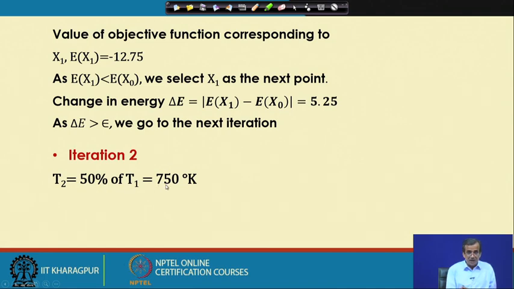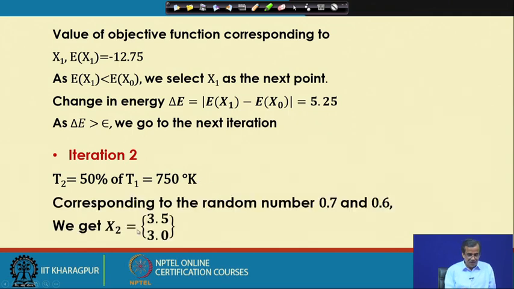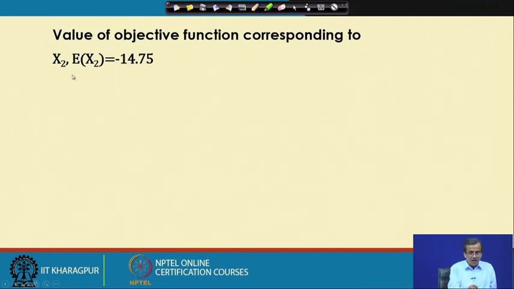So, 50% of 1500 is 750 degree Kelvin, and corresponding to the random numbers 0.7 and 0.6, we can find out x 2 is 3.5, 3.0, and I can find out the function value is minus 14.75.